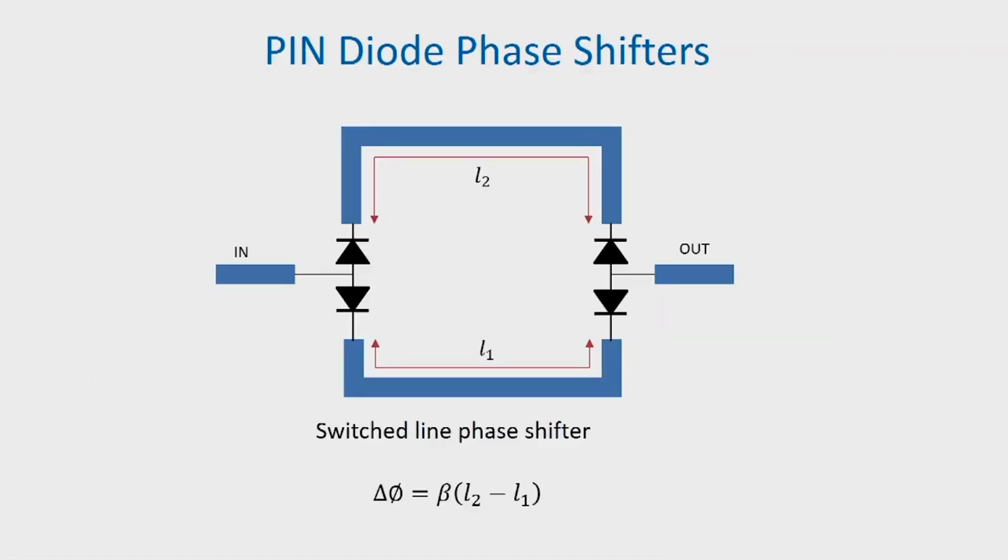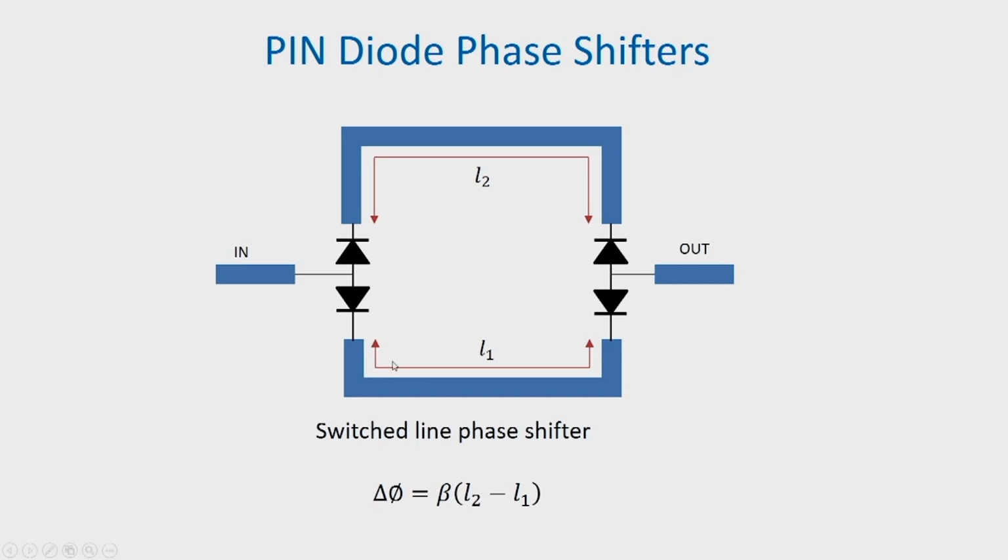PIN diodes can also be used in designing phase shifters. We see that this type of phase shifter is essentially a switched line phase shifter. By switching on one set of diodes, we can bring a transmission line section of a given length between the input and output.